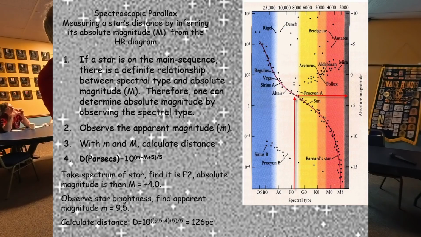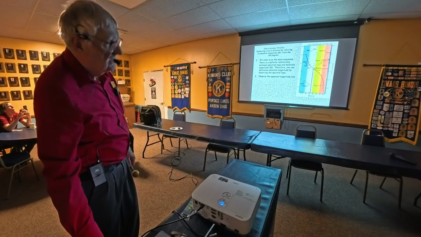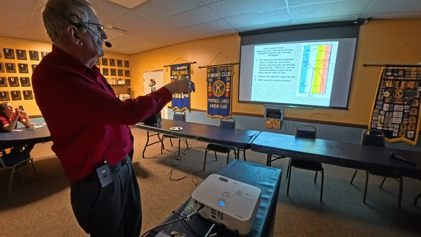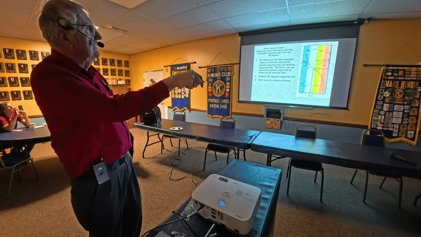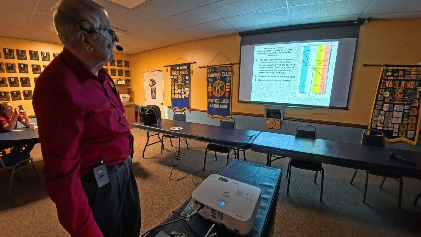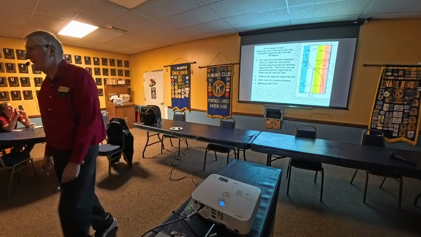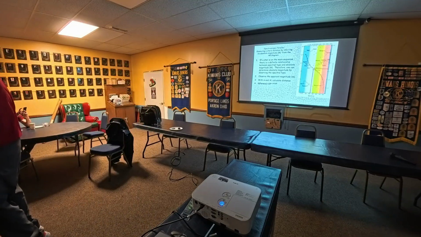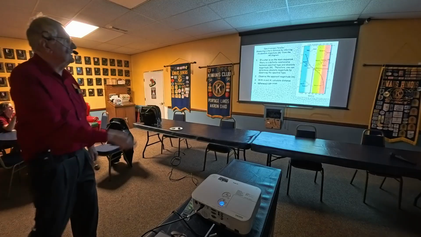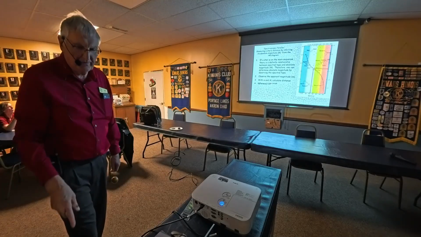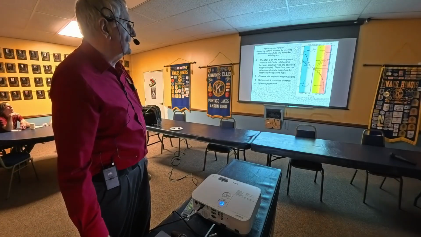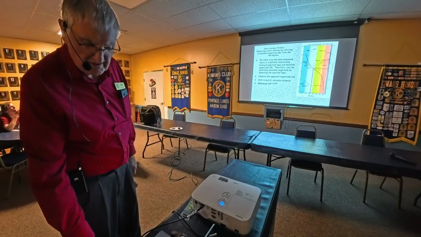So if a star is on the main sequence, okay, and we observe its apparent magnitude as m, and we can figure out its absolute magnitude M from the HR diagram, then there's that formula again, the distance in parsecs. M minus m, the difference between the magnitudes, plus 5, take that total, divide it by 5, and take 10 and raise it to that power. It'll give you the distance in parsecs.